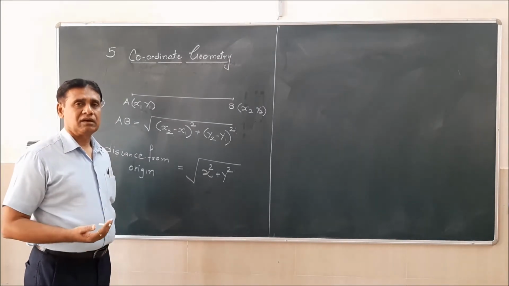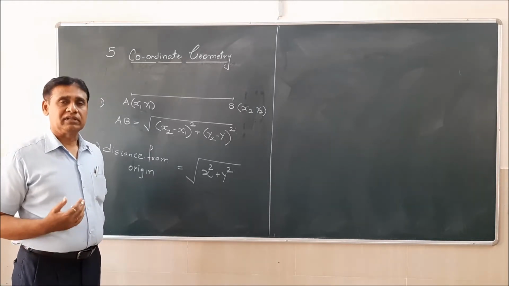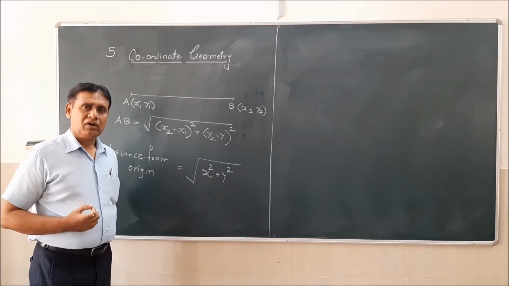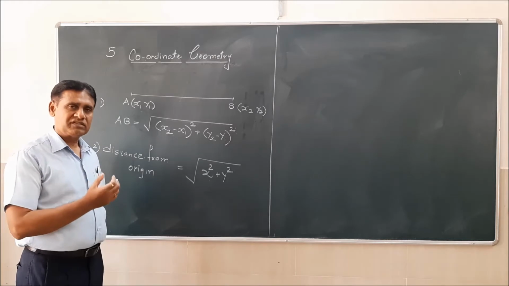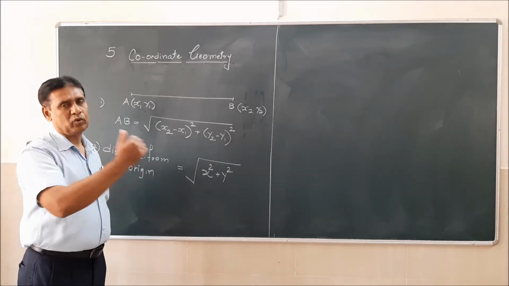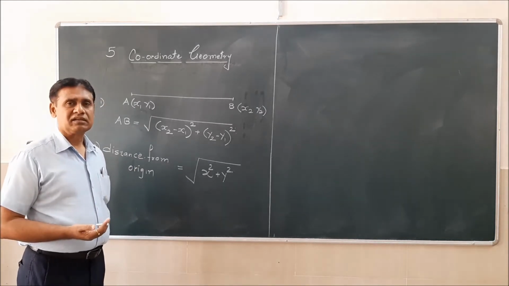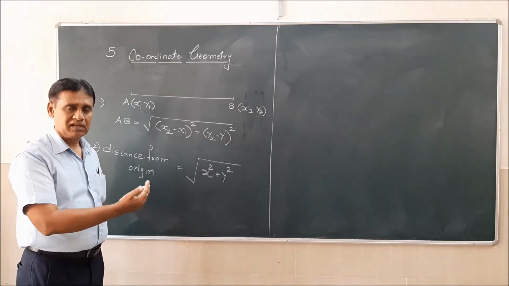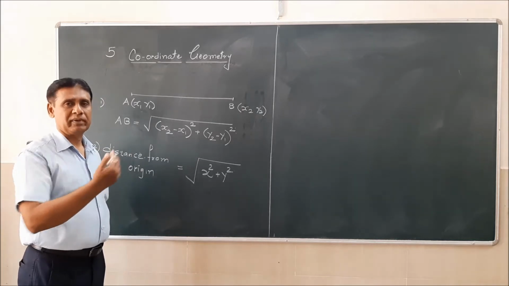Now, the next questions based on this distance formula are: decide whether the given points are collinear or not. If 3 points are given, you find the distance between each pair of the 3 points, and later you have to decide whether the sum of any two distances is equal to the third distance.